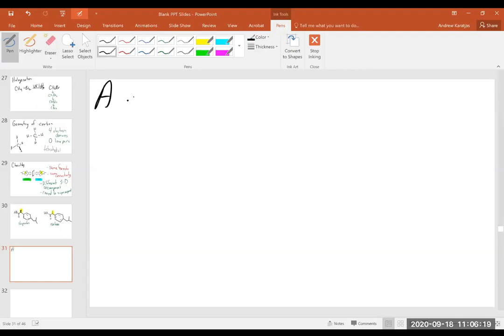So a chiral object or a chiral molecule, we're going to use another definition to define it. So can anyone think of something else that you might run into? Two objects that are mirror images of each other, but are not superimposable.